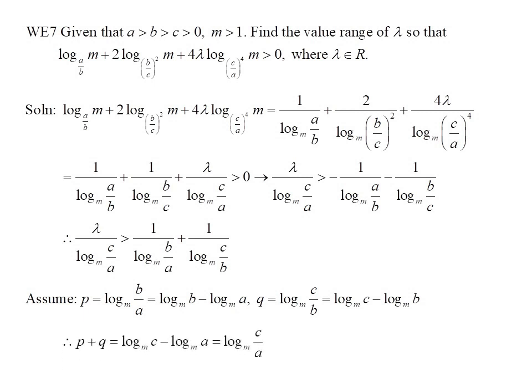So in this way, we can see that p plus q equals logarithm base m of c minus logarithm base m of a, which equals logarithm base m of c over a.